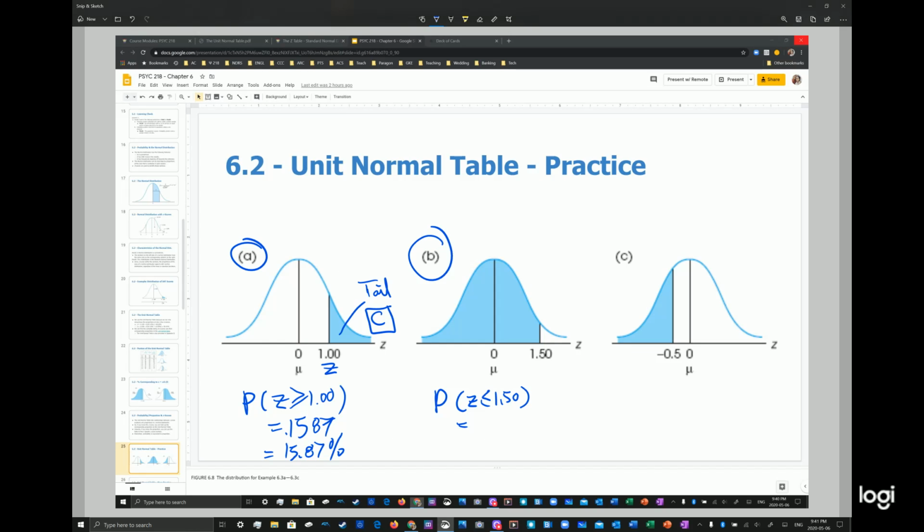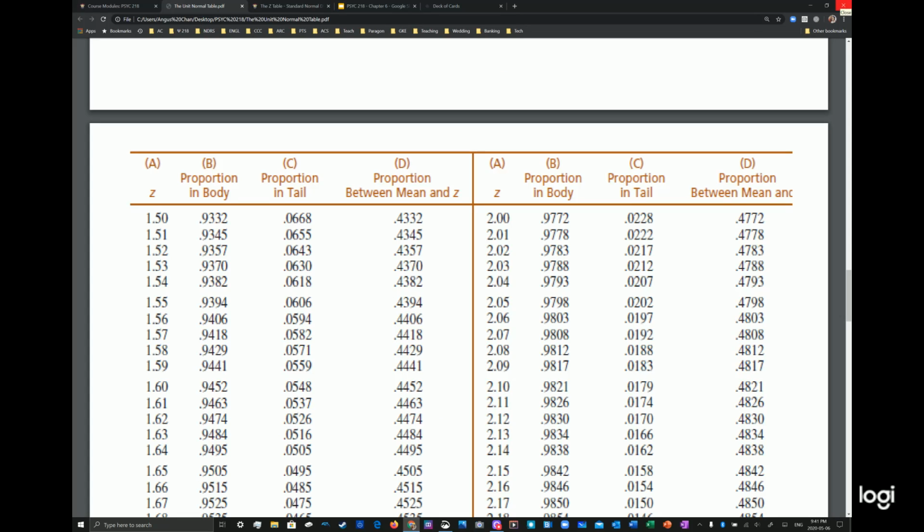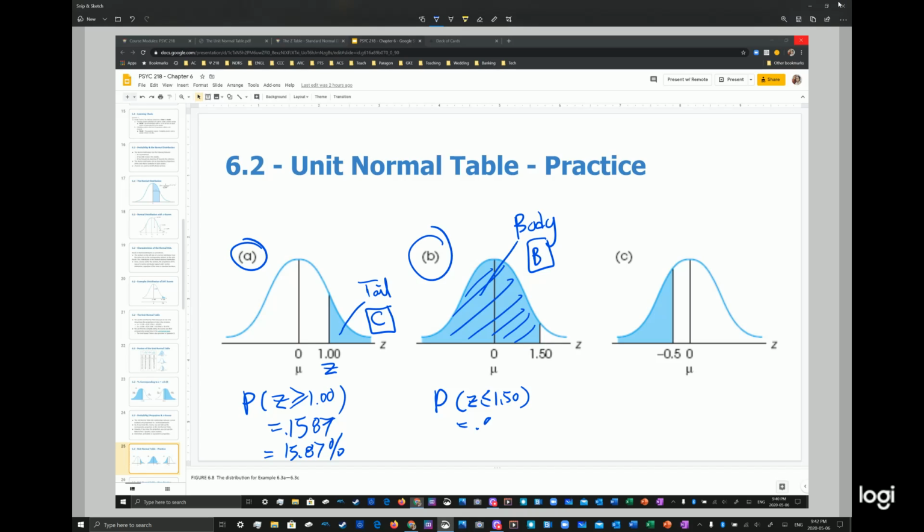Again, we need to identify whether it's the body or the tail. The shaded area tells us that this is the body part, the body of the distribution. And so we use column B. So column B says 0.9332. So we write that down, and that is 93.32%.